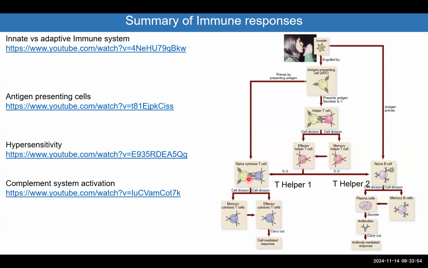And the cytotoxic T cells, now they are educated based on the contact with the antigen presentations, so that they can go back all the way to this invader and recognize it based on the surface and therefore kill it.